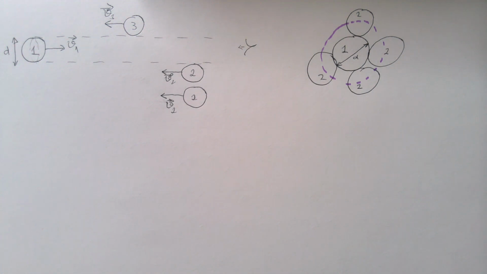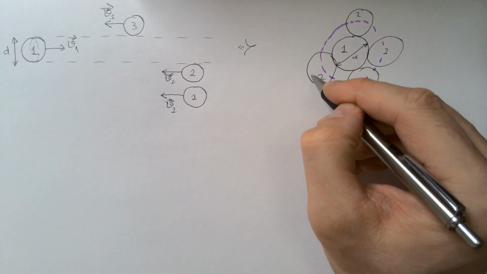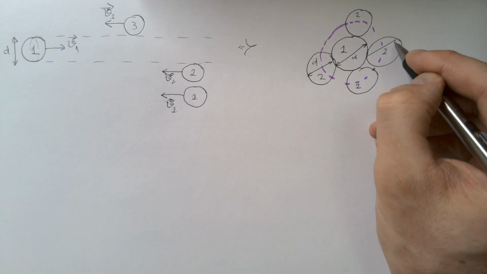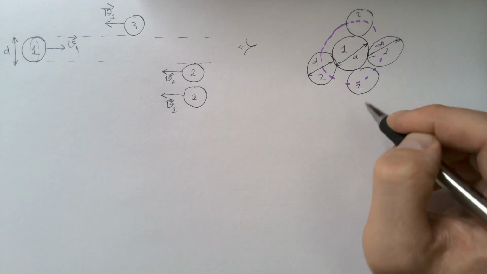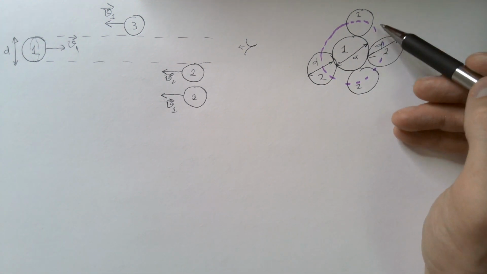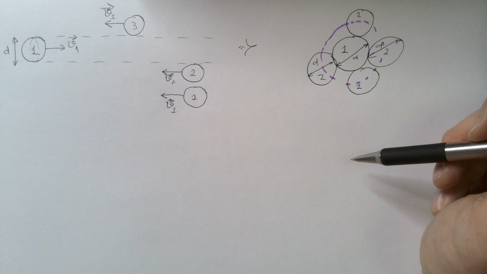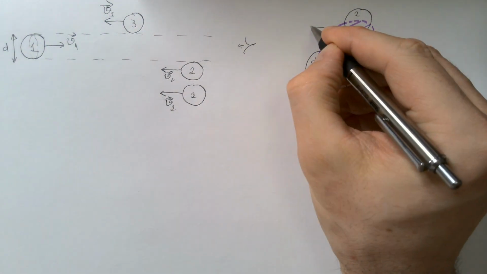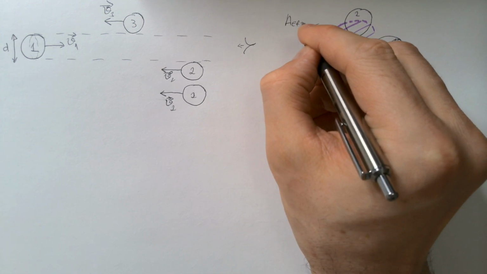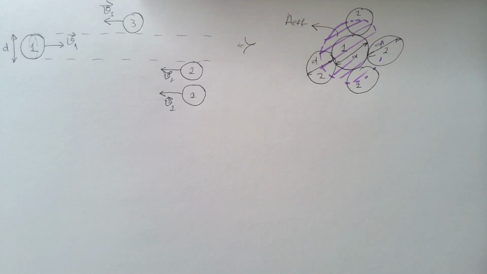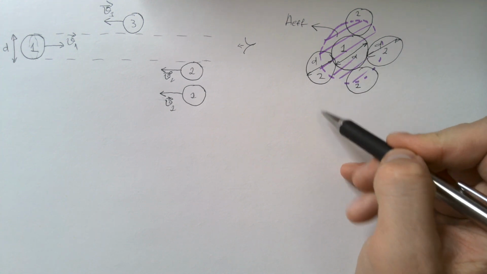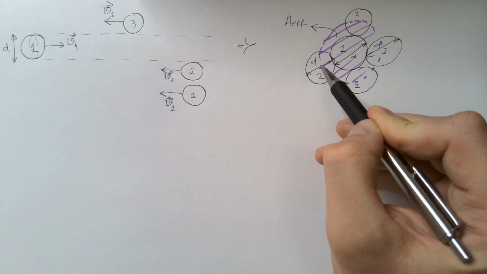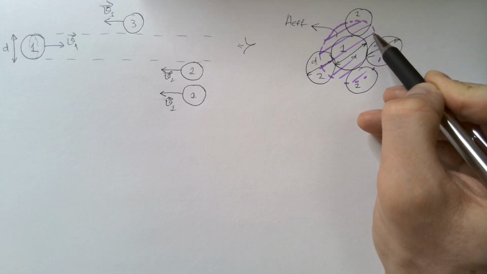And because the diameter of this atom is also d, as well as the diameter of this atom is also d, you can see that the effective area of collision, let's call it A, will have diameter 2d, because you get 1d from our reference particle, half a d from this one and half a d from this side.